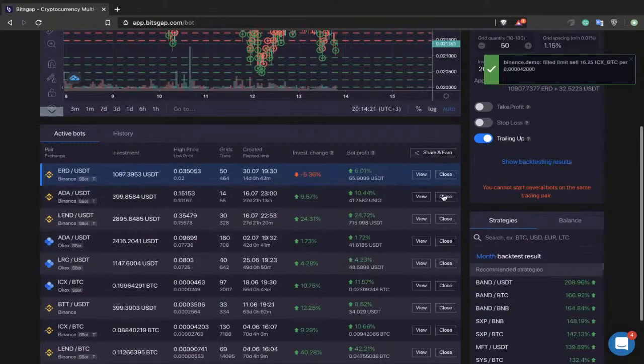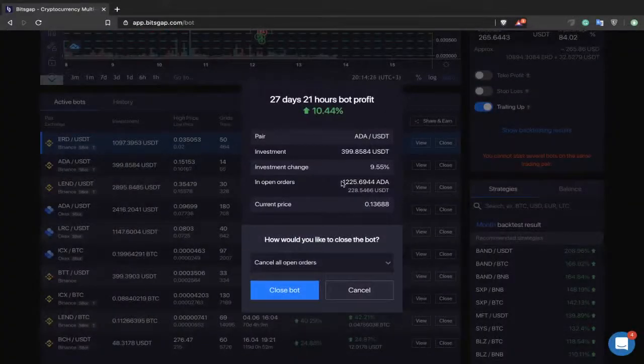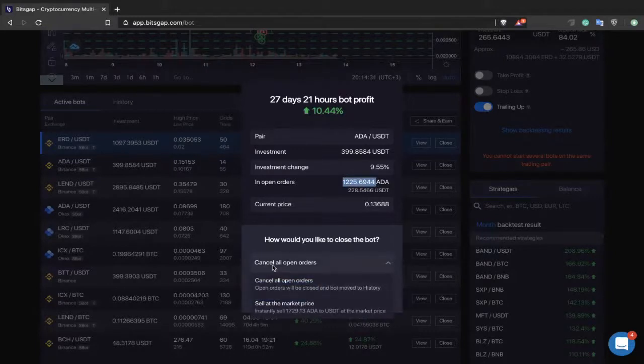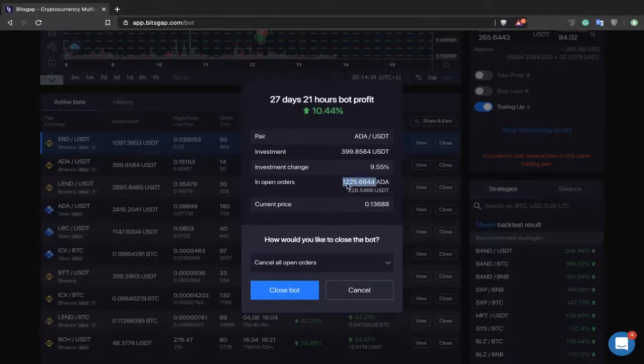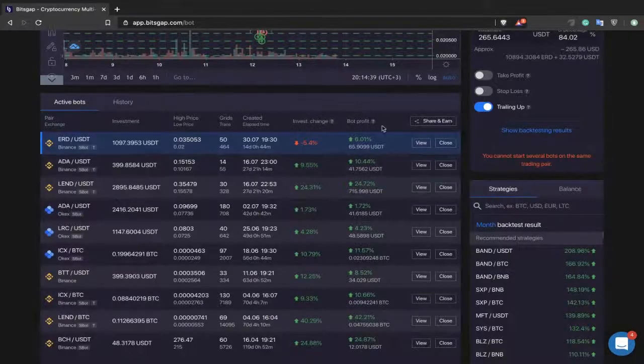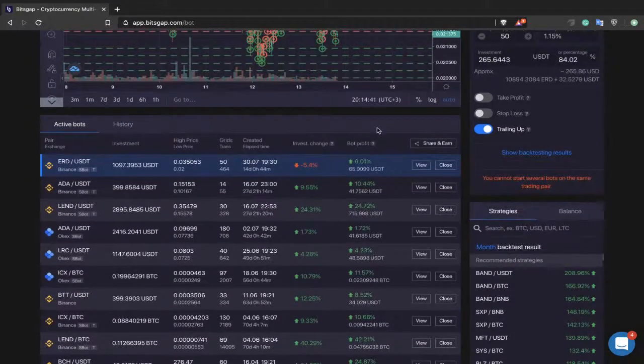So yeah, if you want to close the bot, but you also want to keep all of the base currency, then your option is going to be just cancel all open orders. And what is left, this will go to your balance. So you will have this on your balance. Yeah, so that's what we have here at Bitsgap.